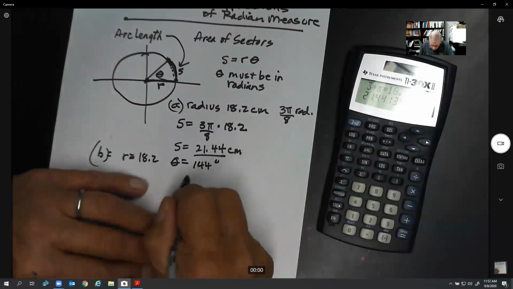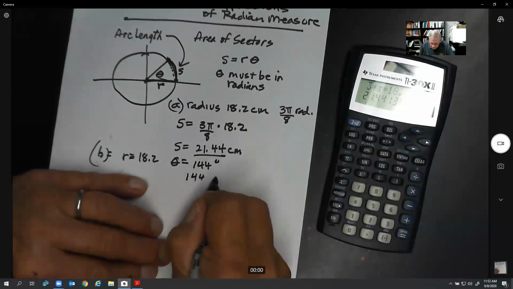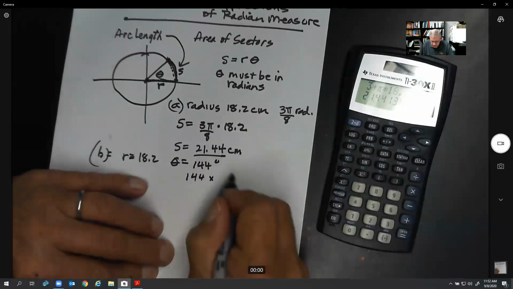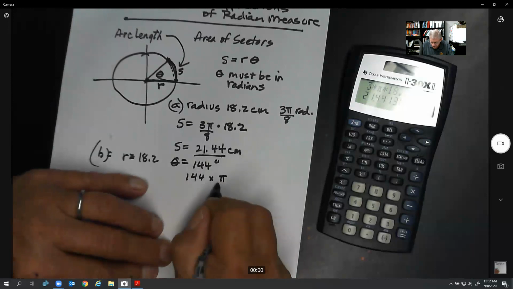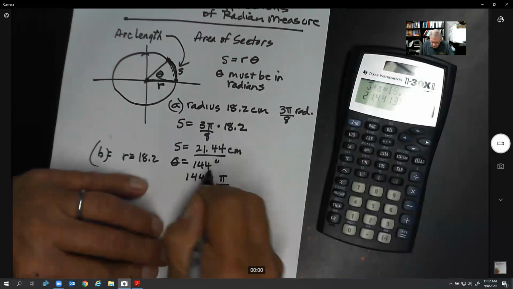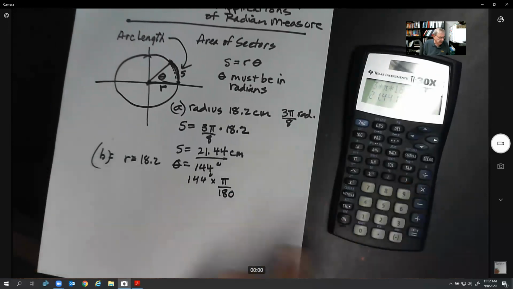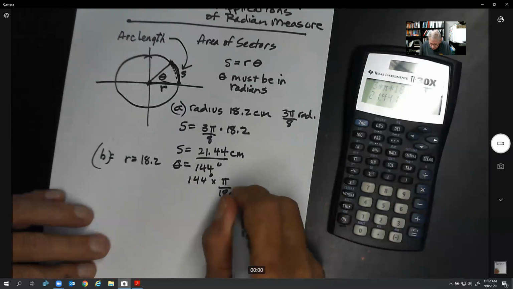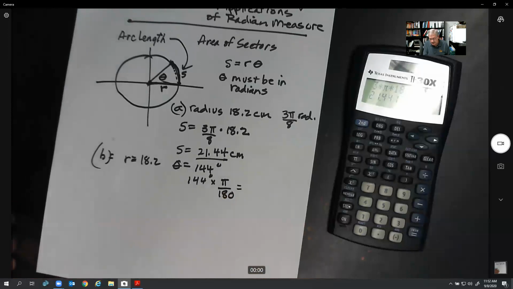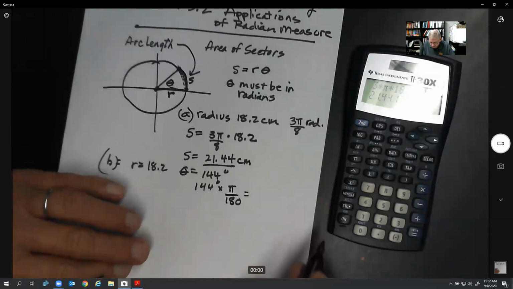How do we do that? 144 times pi over 180, because we want to convert to radians. So that's 144 pi over 180. The book says we can actually reduce this down, but we're going to use a calculator anyhow, so let's just keep it the way it is.